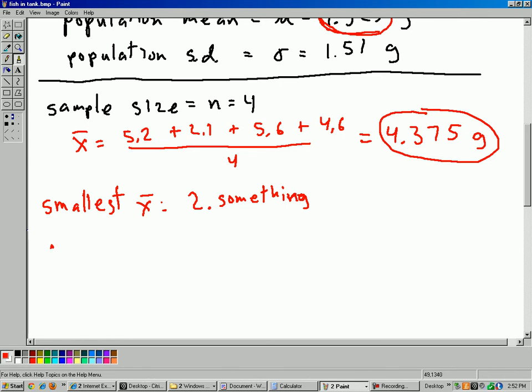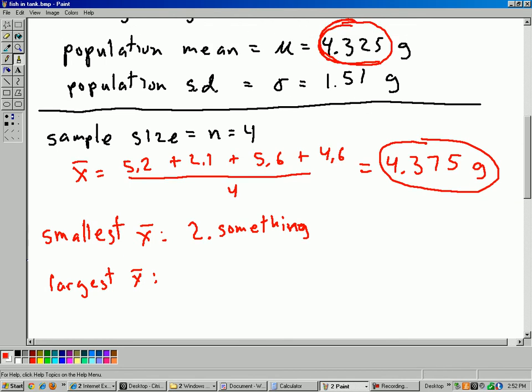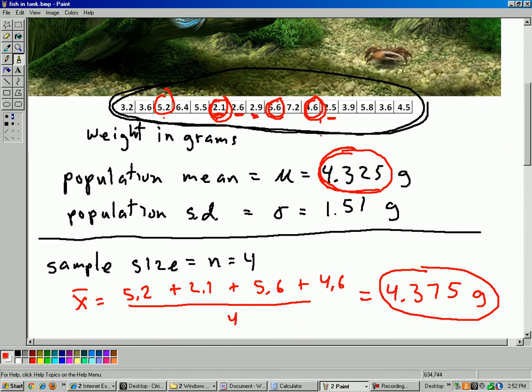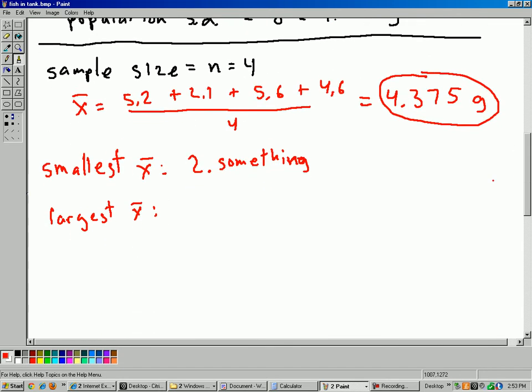What's the largest possible sample mean that we could get? Well, just by dumb luck, we could get the biggest fish. If we just happen to get the 5.2 and the 6.4 and the 5.6 and the 5.8, then I'd have a sample mean of probably 5 point something.